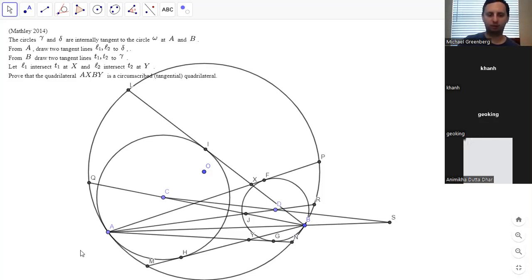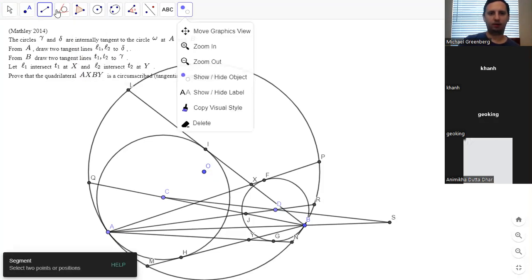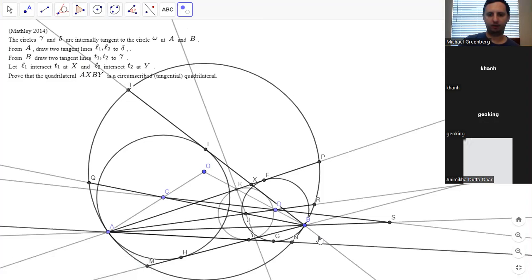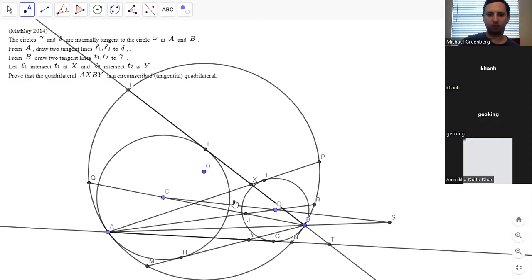Basically he's saying we would draw the incircle of XAT, and then extend those two, and draw the incircle of that, and we want to show they're the same.